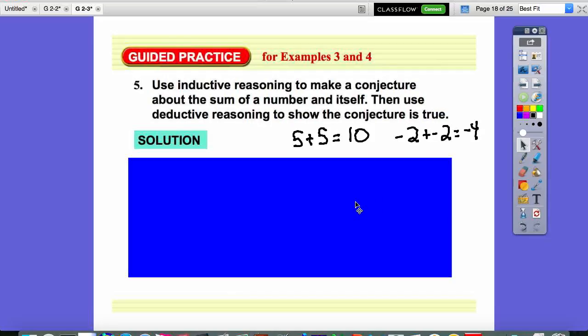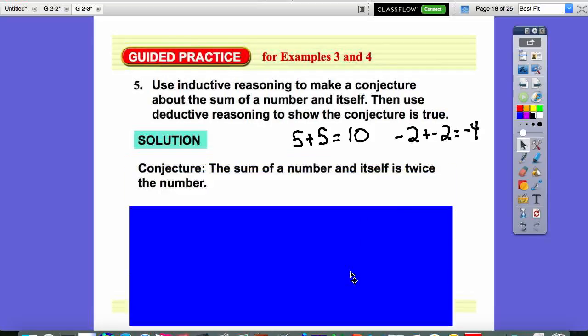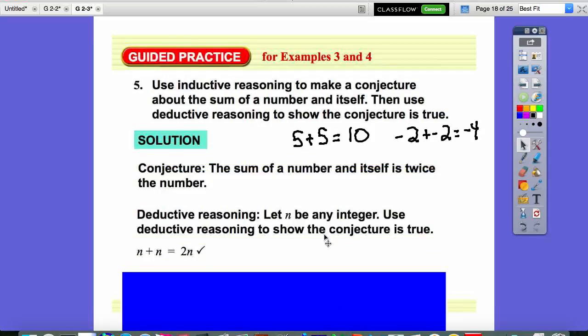Many times you will have noticed that that's the same as multiplying a number times 2. So the sum of the number and itself is twice the number. Using deductive reasoning, we're going to use n for any integer. So n plus n in algebra is going to give me 2n. It's not n squared, it's 2n.